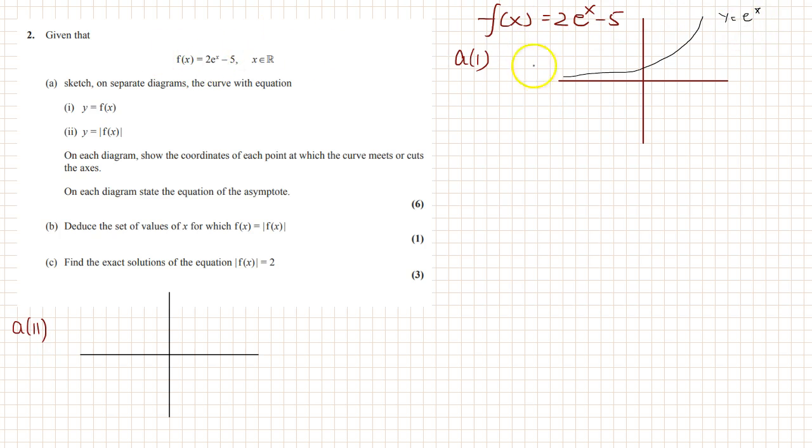If it is 2 e to the power x, the graph will be this. 2 means the y coordinate will be multiplied by 2.